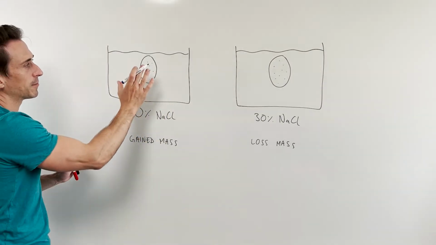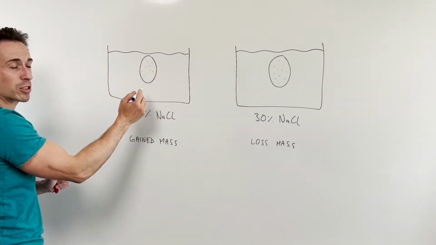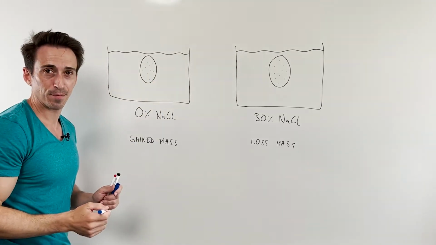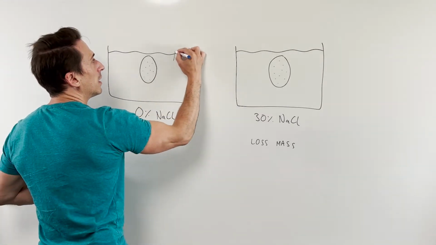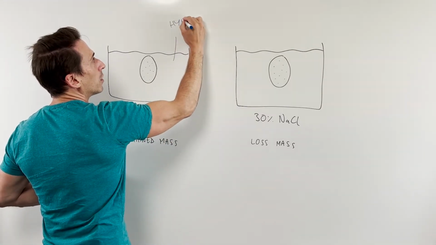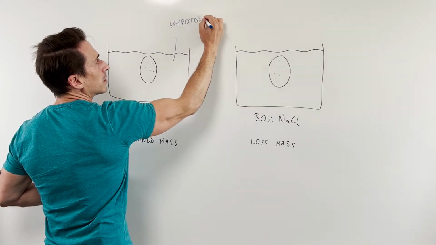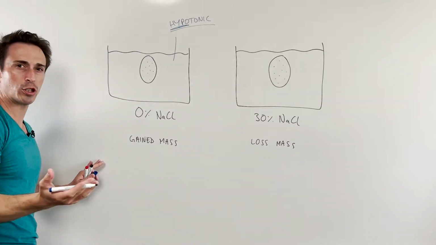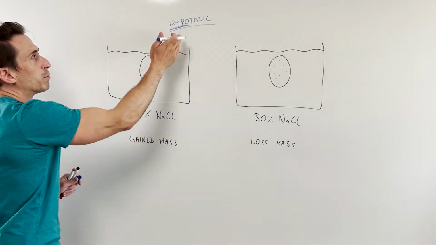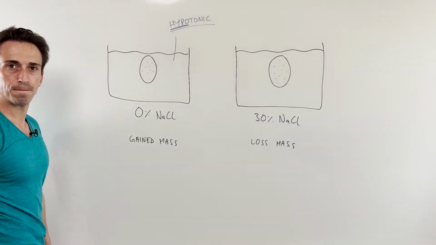So in this case, it's a higher concentration inside the egg compared to outside the egg. Now, the term we use here is that the solution it's bathed in is a hypotonic solution. Hypo means below. Tonic is concentration difference. So the fluid here is below the concentration of the egg.